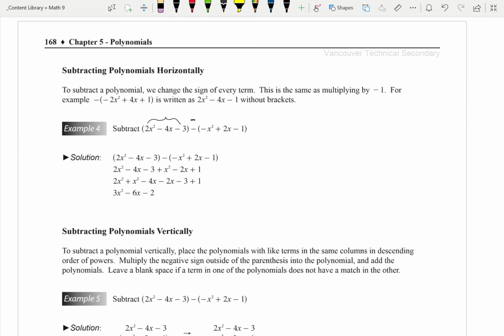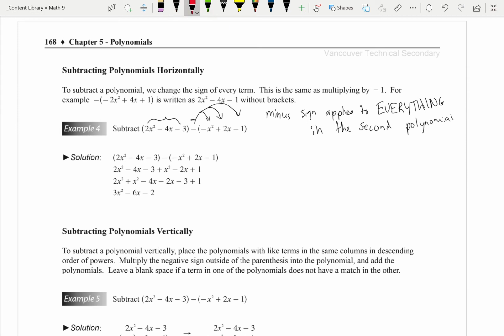The important thing for this is the minus sign applies to everything in the second polynomial. So this minus sign applies here, it applies here, and it applies here.